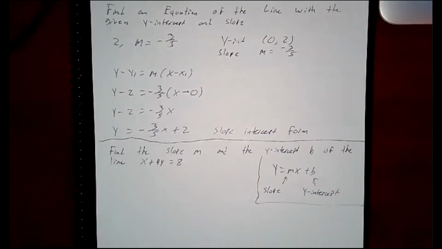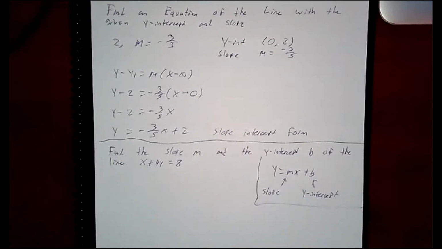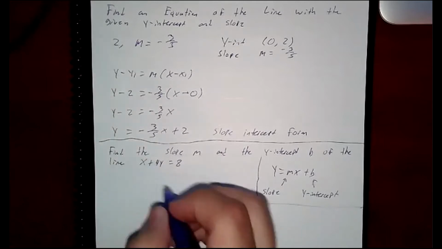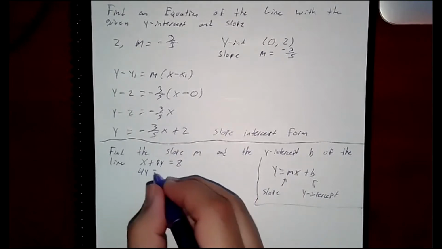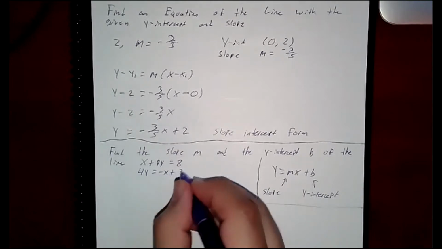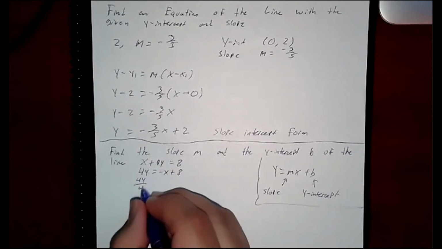What you're going to do is solve for y here, and you'll have the slope automatically and the intercept. So let's subtract the x over. So that'll be 4y equal to negative x plus 8, then divide by 4 everywhere.